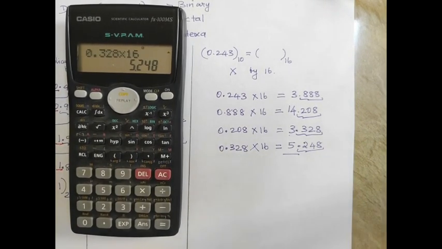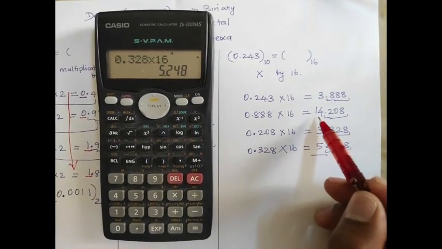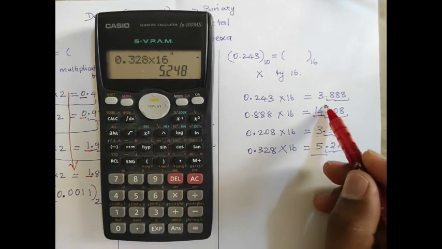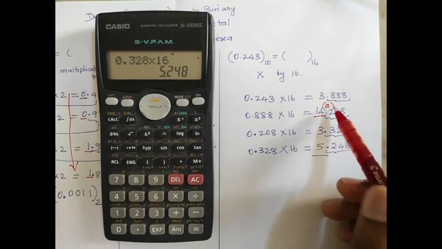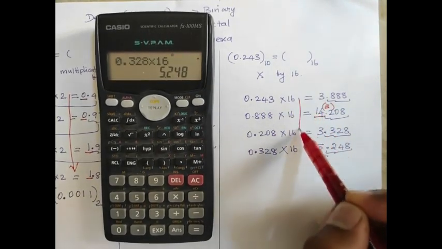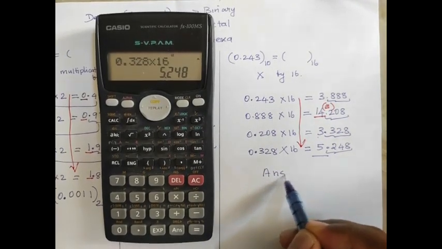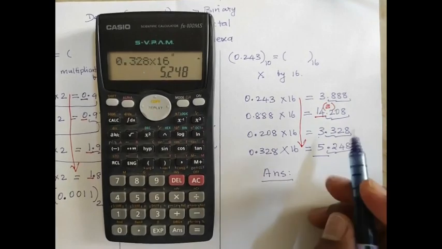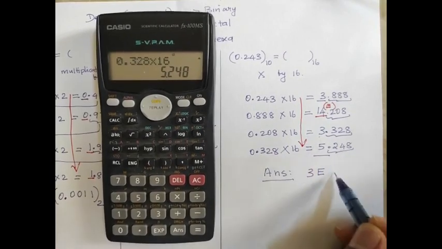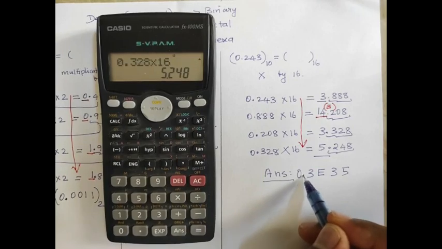So now you write the answer. For writing the answer, we need to know that in hexa you cannot write 14. For 14 you have to write E. The hexa equivalent of 14 is E. Now the answer should be written from top to bottom: the value 3, next value is E, then 3, and then 5, and before that you have to put a dot.